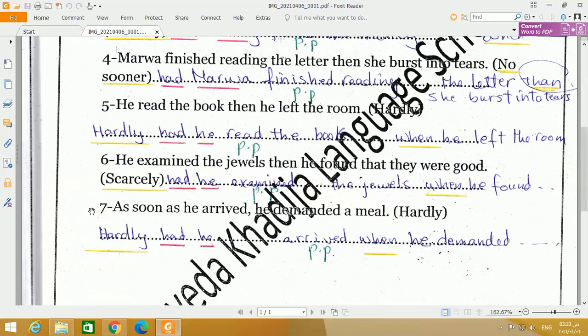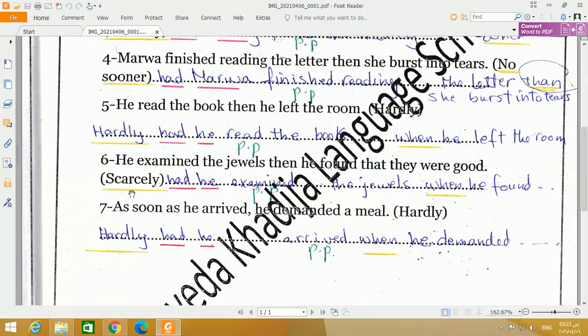Shortly, the rules: hardly, scarcely, no sooner, plus had, plus subject, plus past participle. Hardly is followed with when, and after when, past simple, the second sentence.